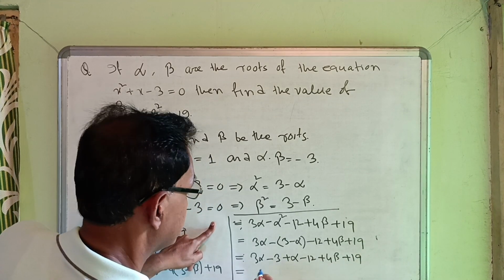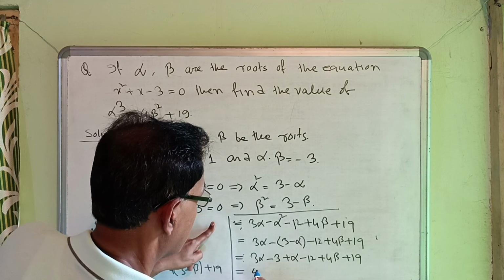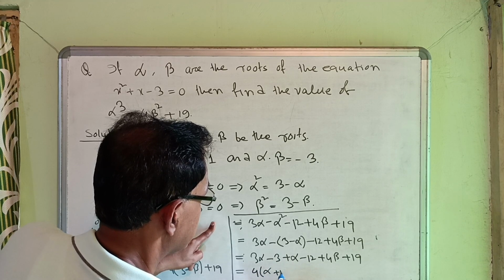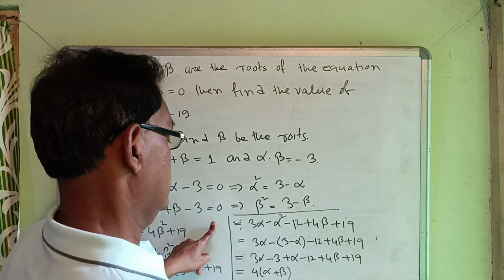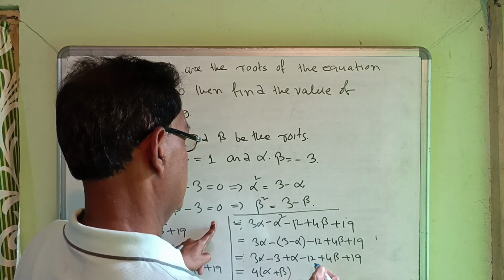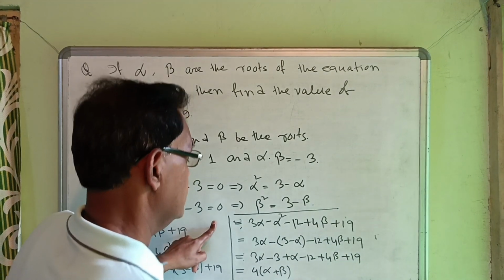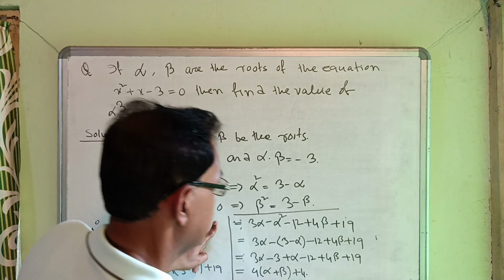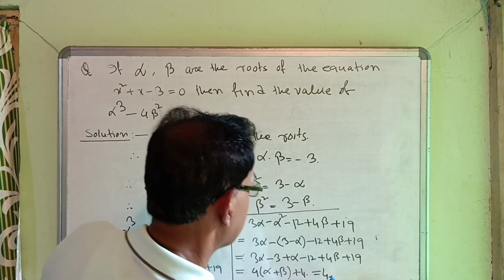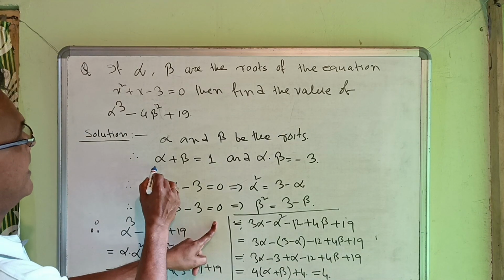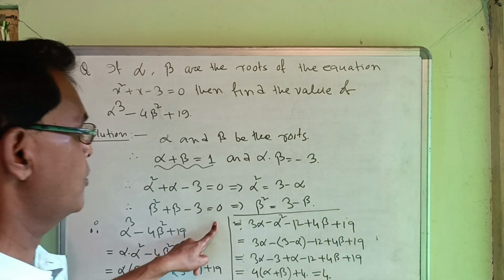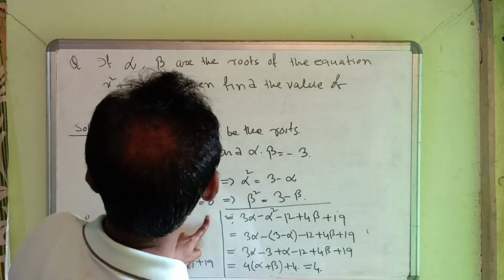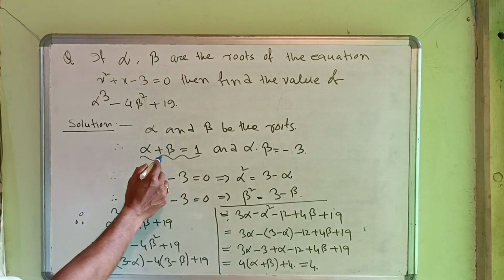This is equal to, taking 4 common, 4 times alpha plus beta, and minus 12 plus 19 minus 3, therefore we get plus 4. This is equal to 4 into alpha plus beta plus 4.